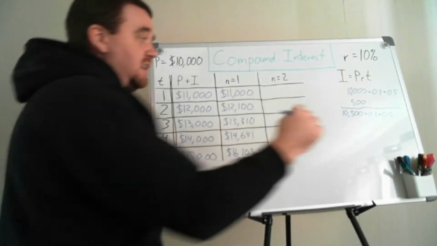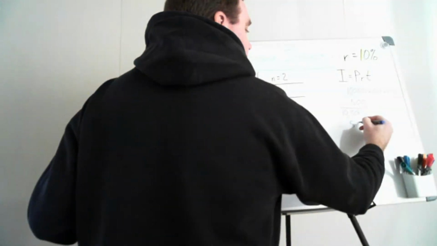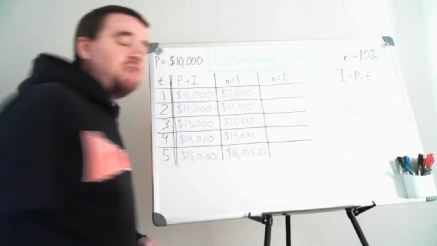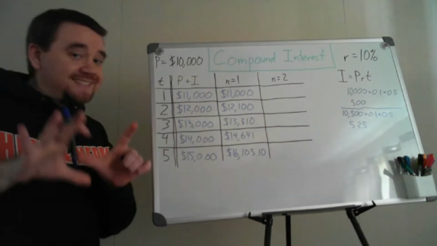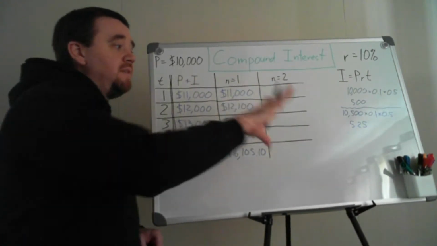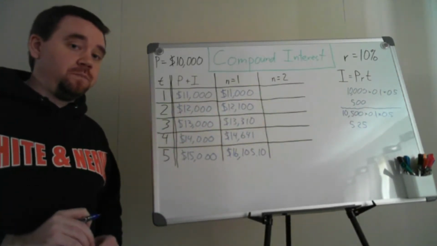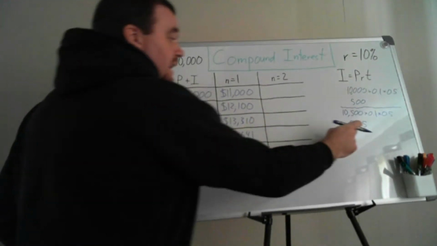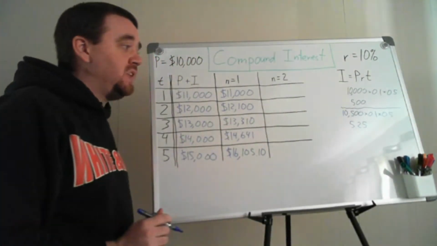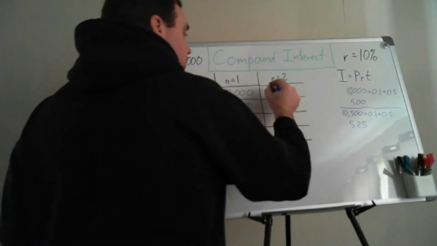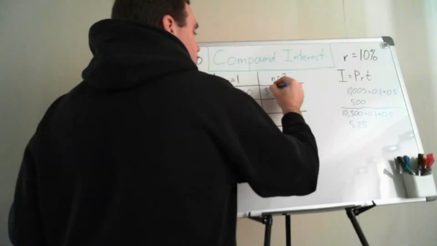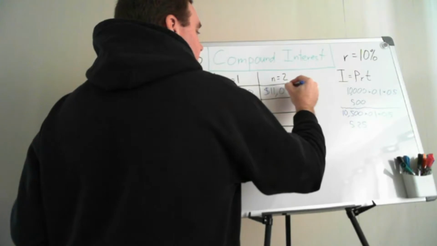What I actually get here is 525. So during the second half of the year, I've earned $525 in interest. So I roll that back into this principal right here, $10,500, and after year 1, you would now owe me $11,025.